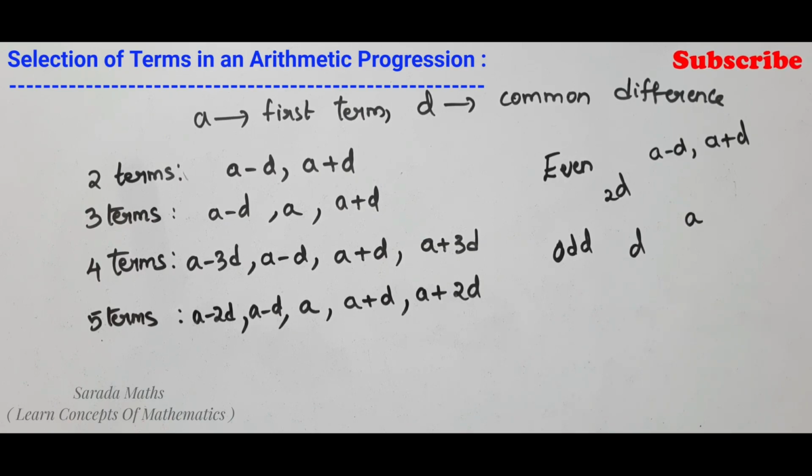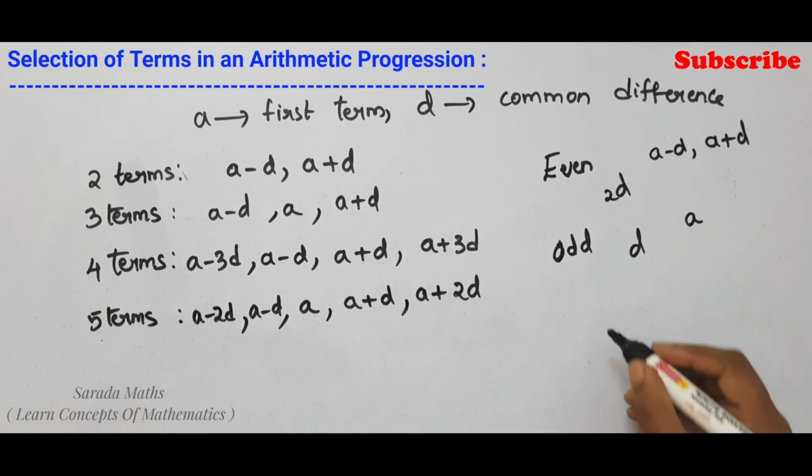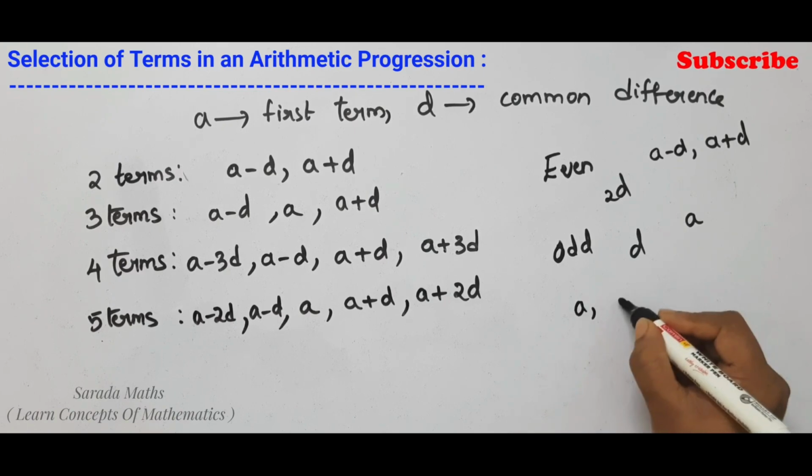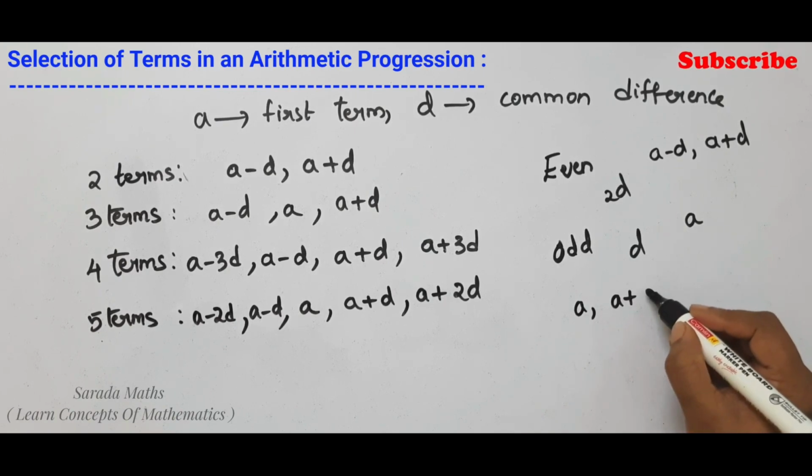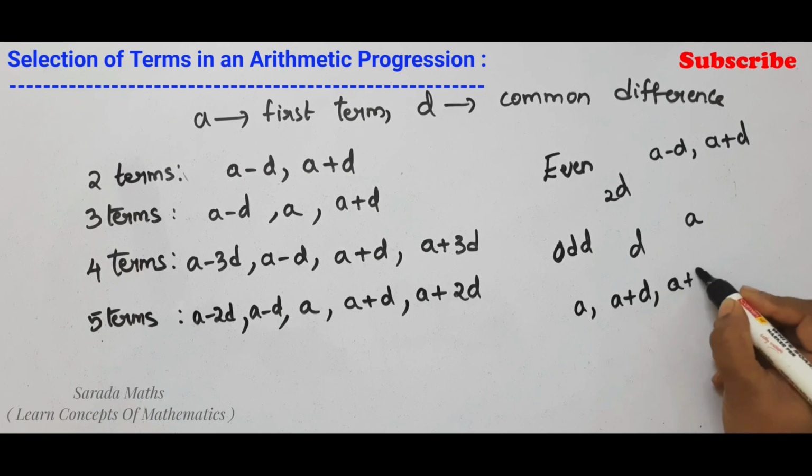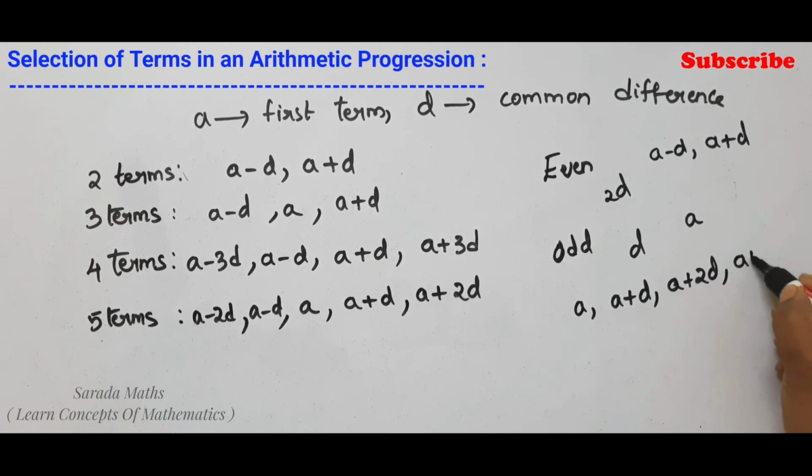And one more thing: if they don't specify, that is, if they simply give that the sum of the numbers is so and so, then we have to take the numbers of the pattern A, A plus D, A plus 2D, A plus 3D, and so on.